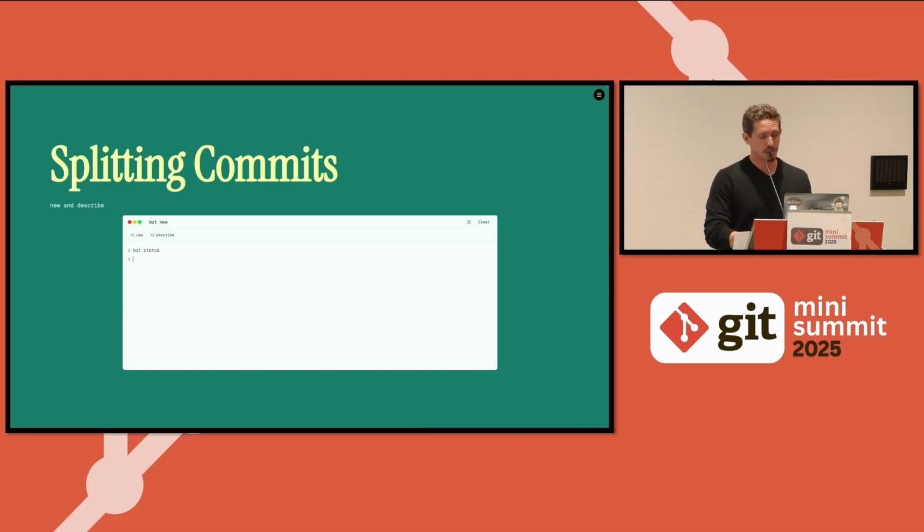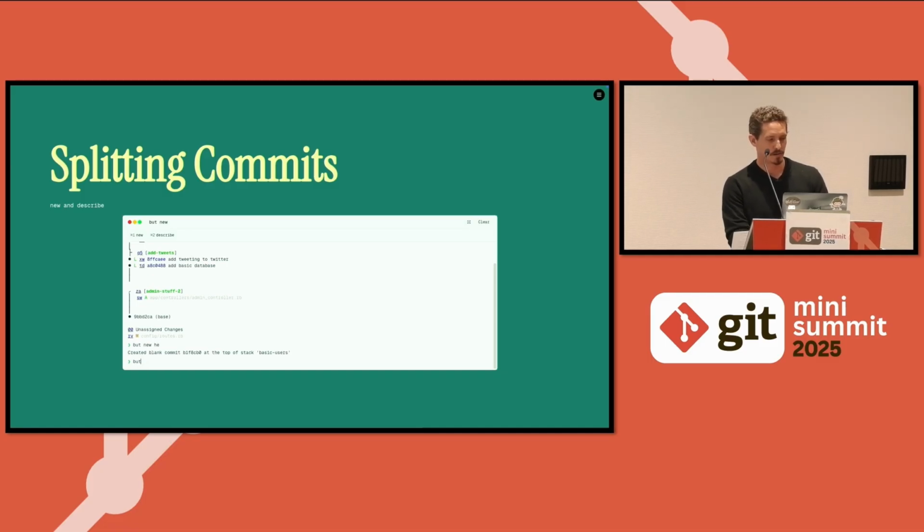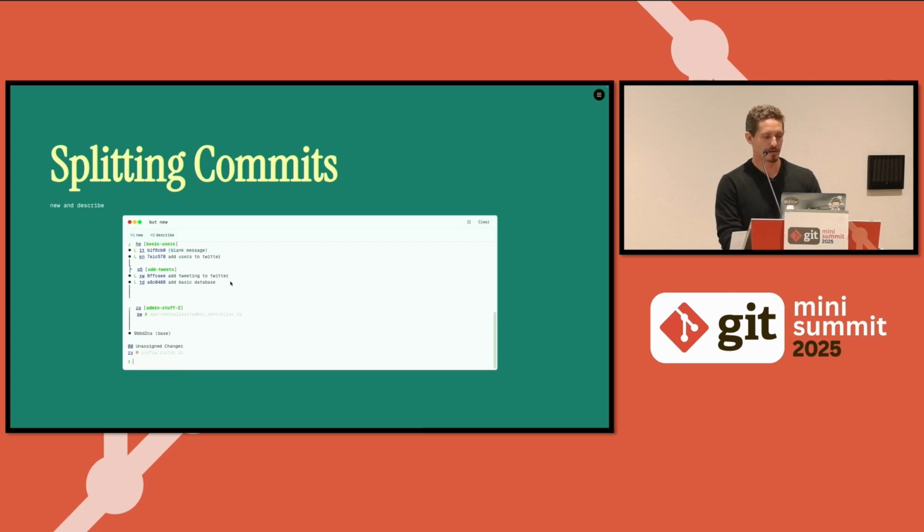So the other thing you can do with this is you can split commits relatively easily. So we also have this but new command. So if I wanted to say but new HE, then it will create a new blank commit there that has nothing in it, right? So this is jujitsu style, where you can create a new commit that has nothing in it, and then I can rub files into it if I wanted to.